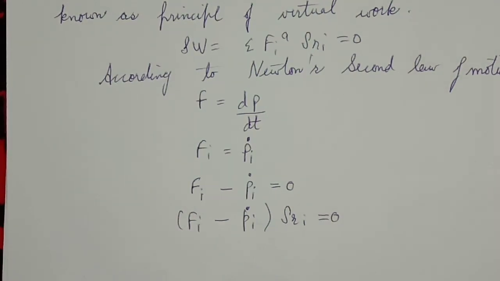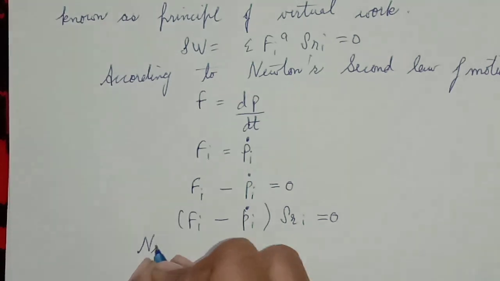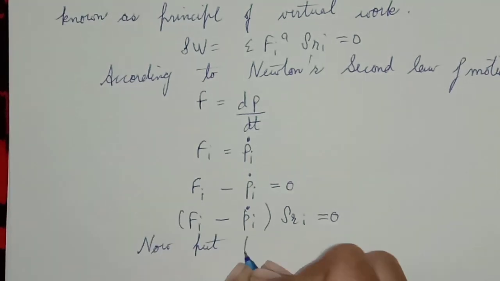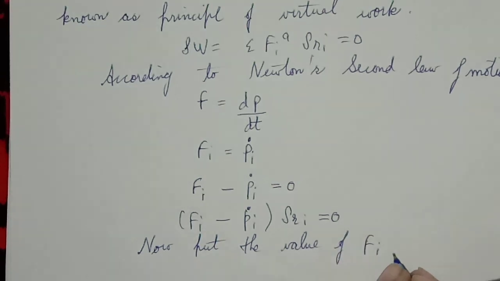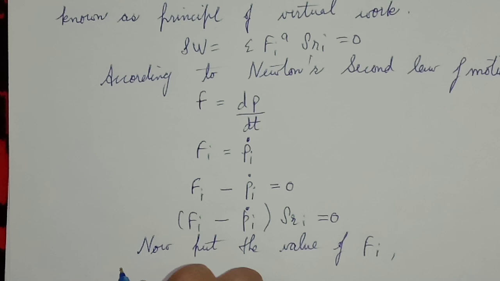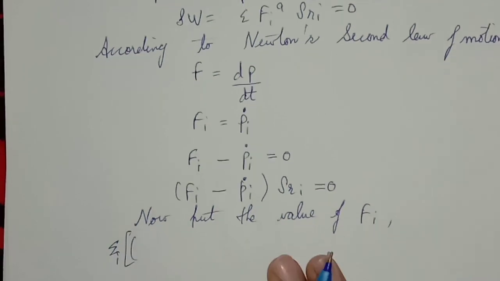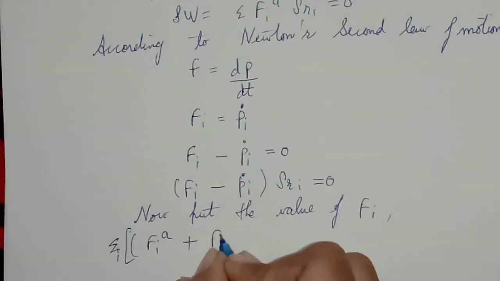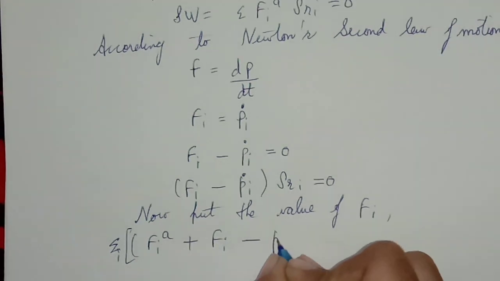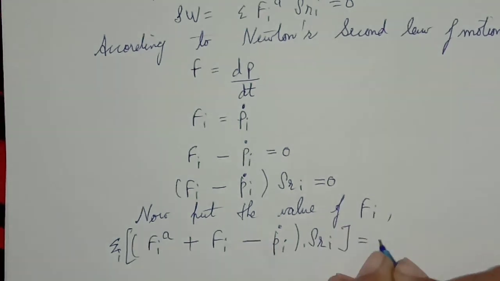Now we have to put here the value of force, which is constraint force and applied force. Now put the value of Fi: summation i (applied force plus constraint force minus pi dot) delta Ri equals 0.